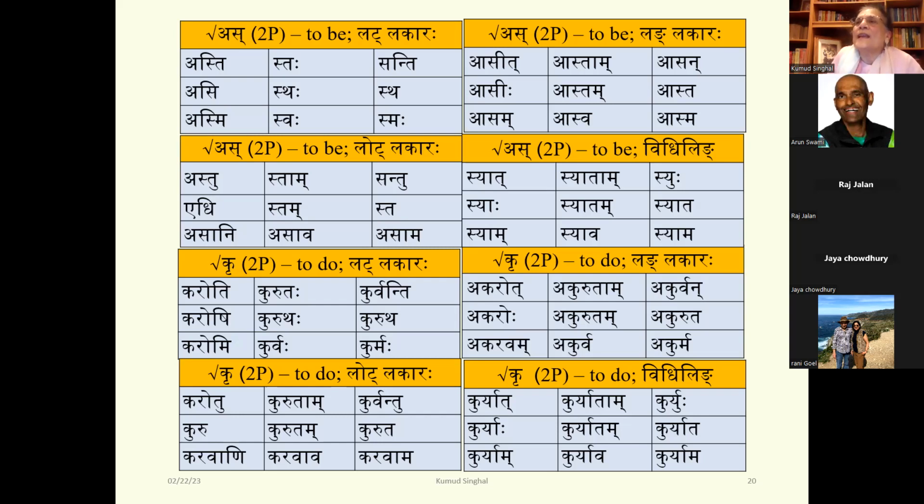Doing exercises and practice will help me absorb and learn those forms.